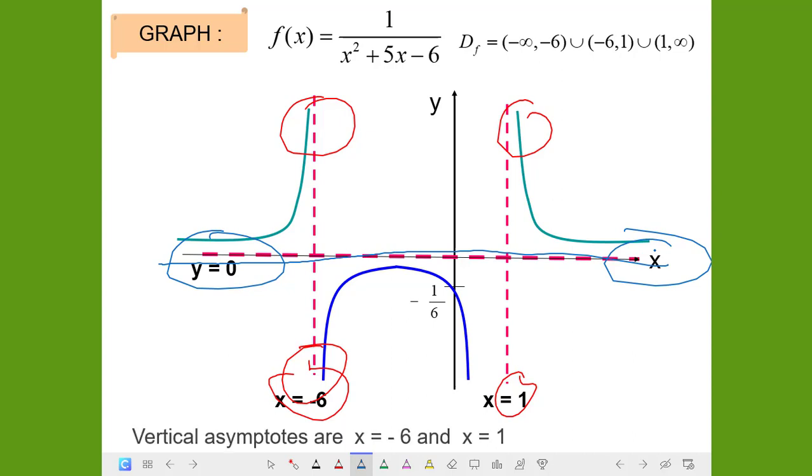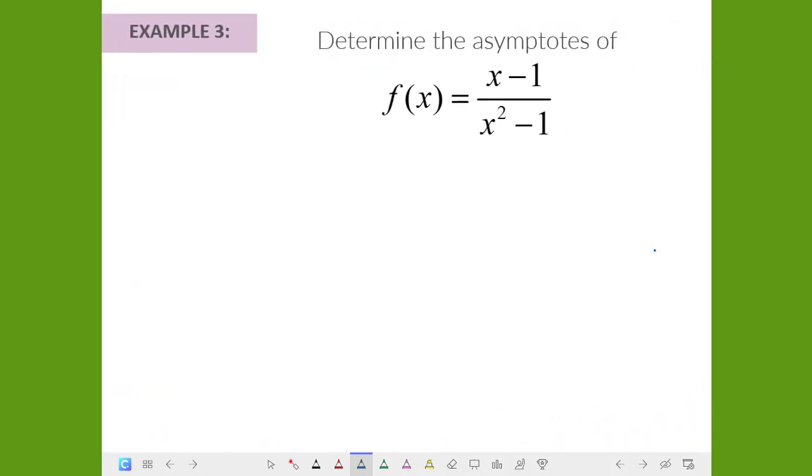Okay, example 3: determine the asymptotes of f(x) = (x minus 1) over (x squared minus 1). First thing, check the domain of f. The denominator must not equal 0 to make sure f is defined.